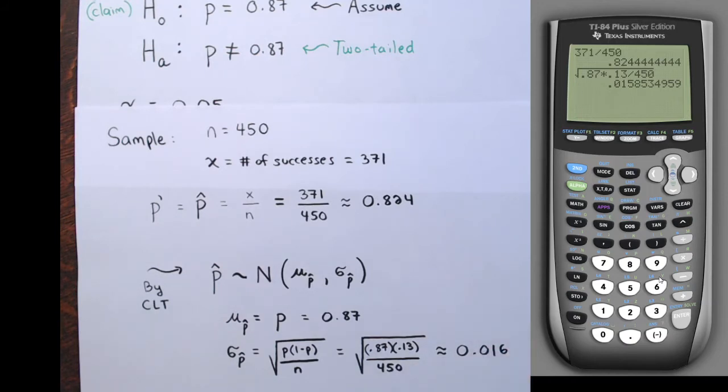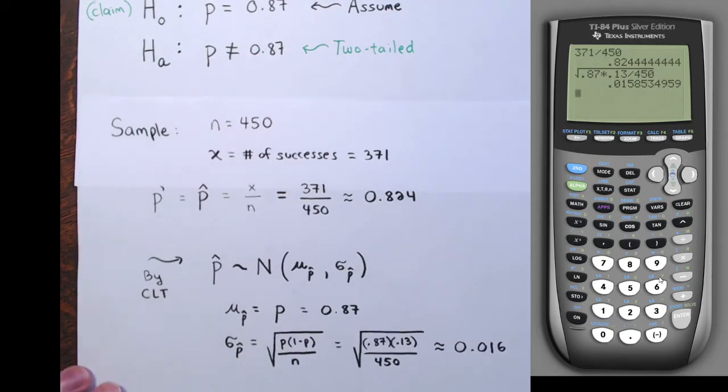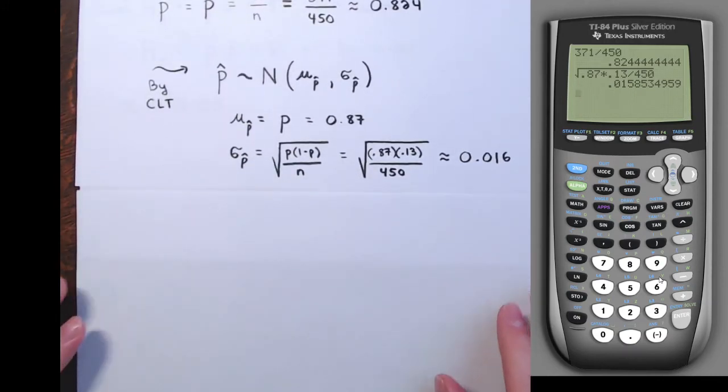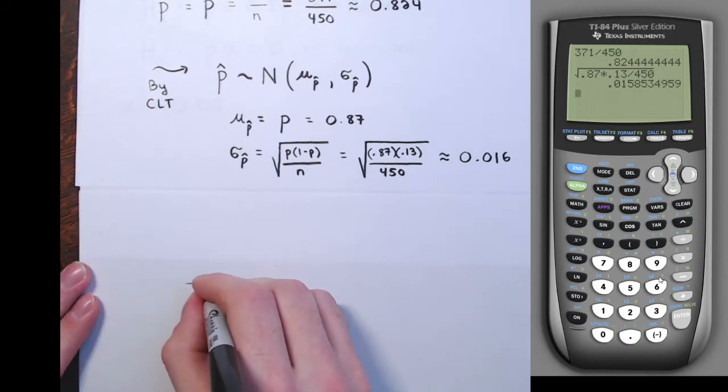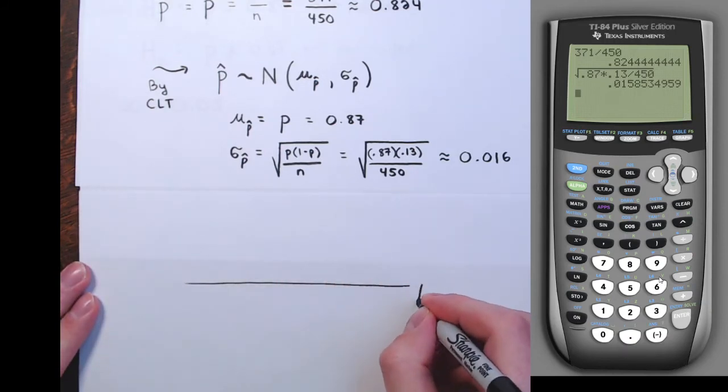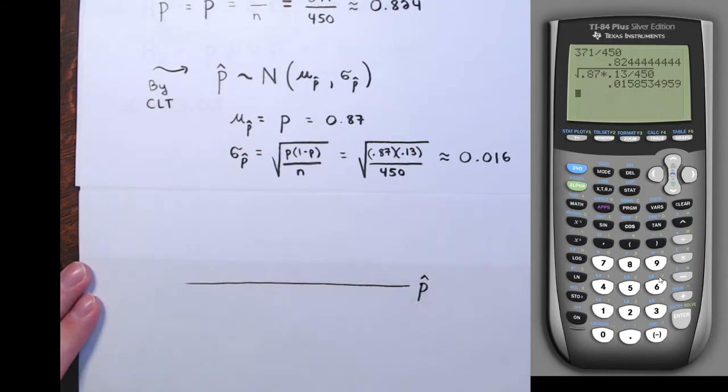All right. And I'll draw a little picture of this distribution of p-hats. A number line giving me different possible values of p-hat for samples of size 450.